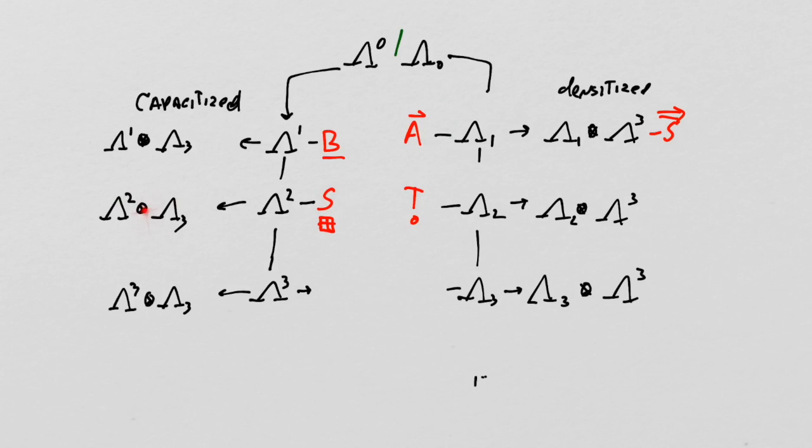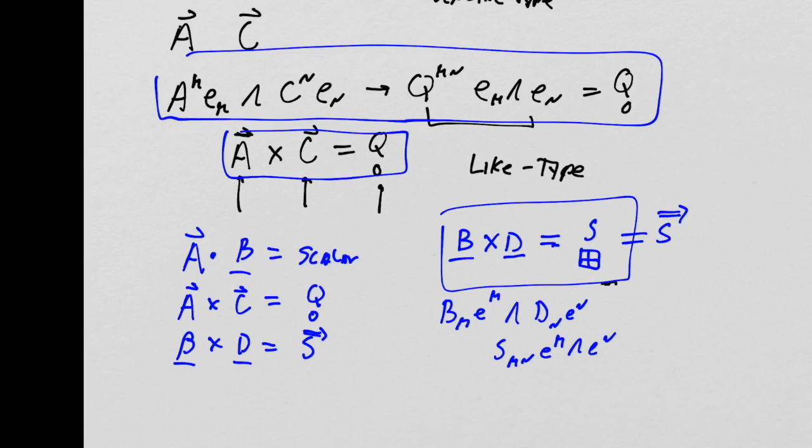This is not isomorphic to this. This is isomorphic to this. So arrow becomes a capacitized two-form, and honeycomb becomes a densitized one vector. And then we compare those two, and that gives us this cross product that Weinreich likes.